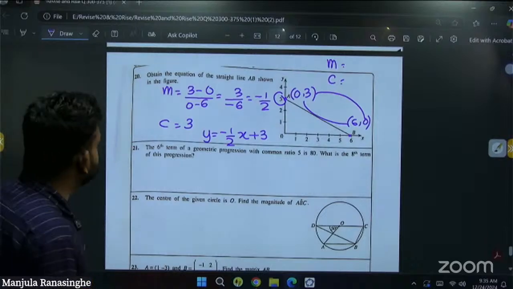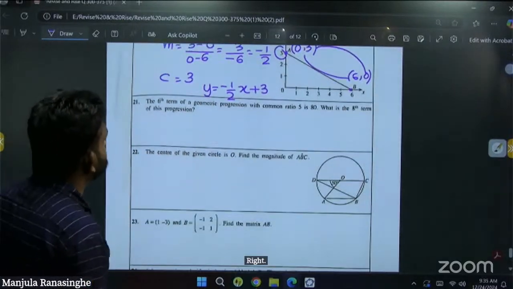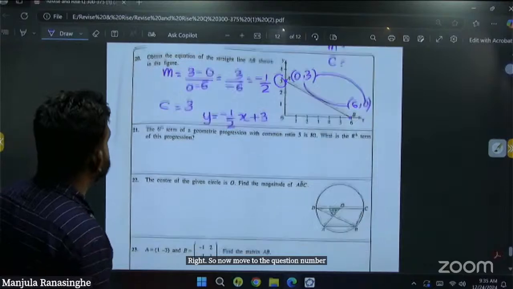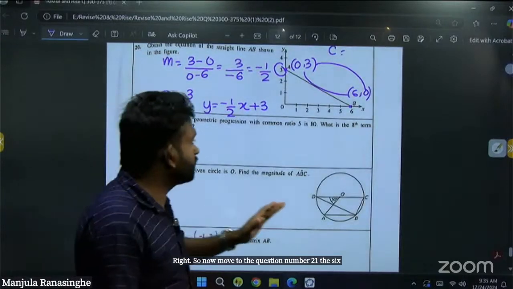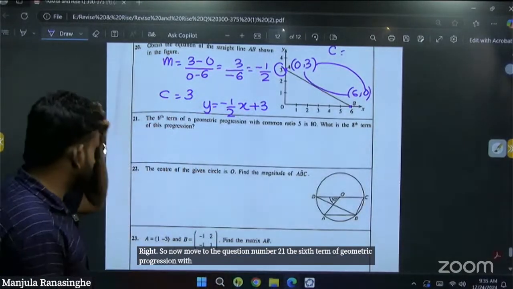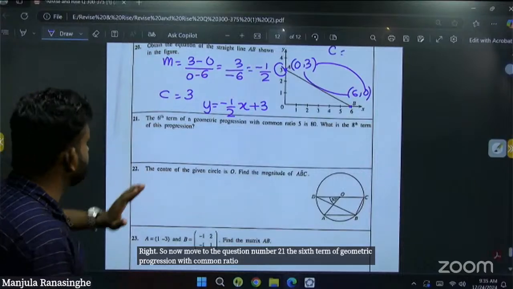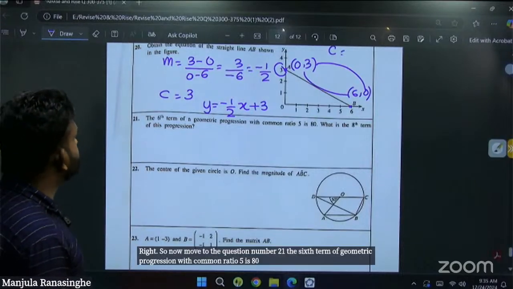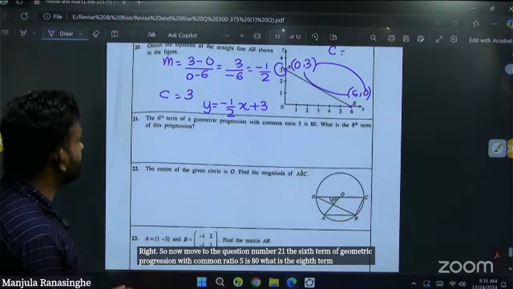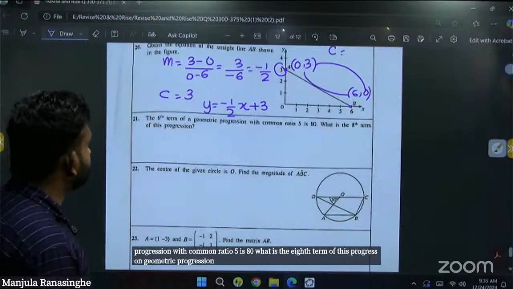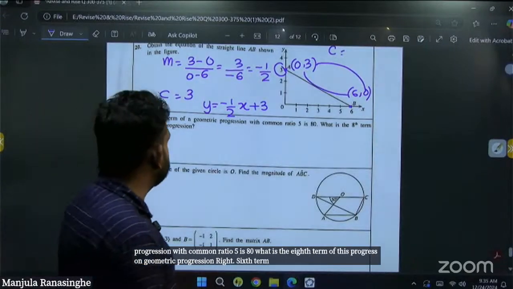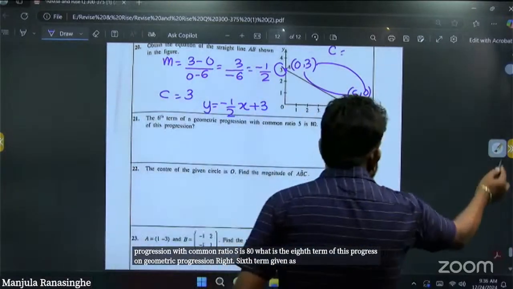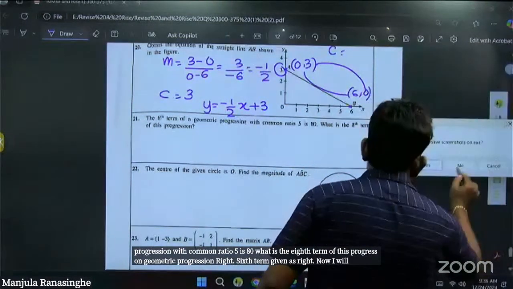Right. So now move to question number 21. The sixth term of a geometric progression with common ratio 5 is 80. What is the eighth term of this progression?